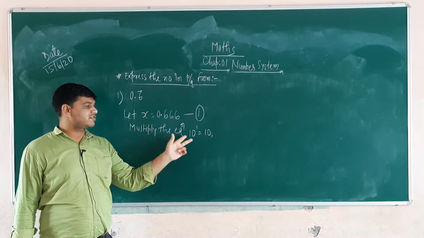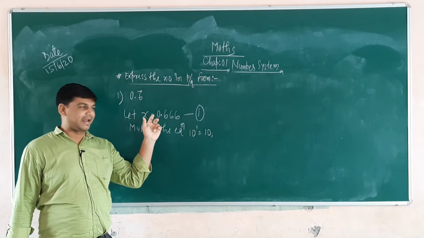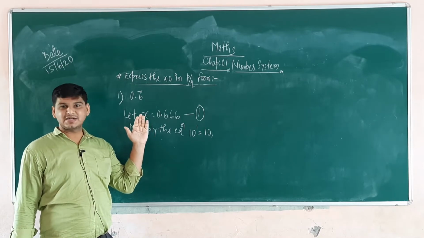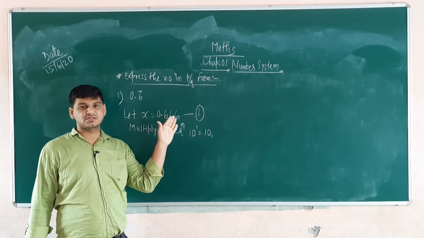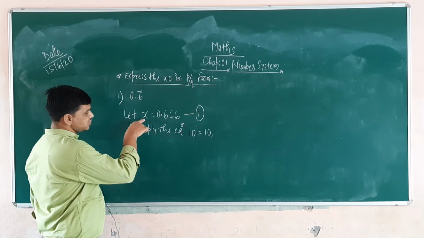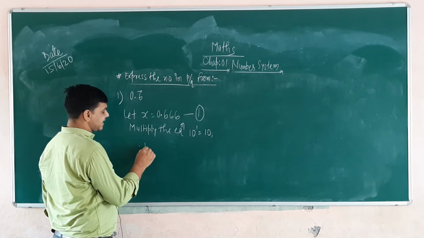So we multiply the left hand side by 10 and the right hand side also by 10.